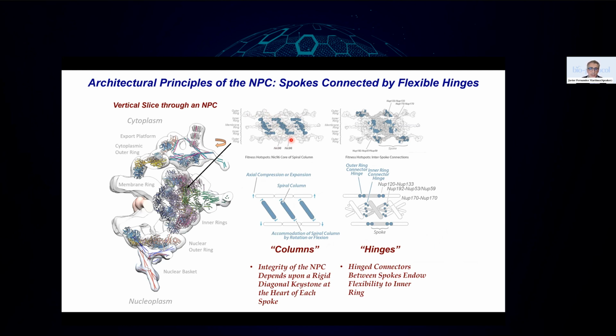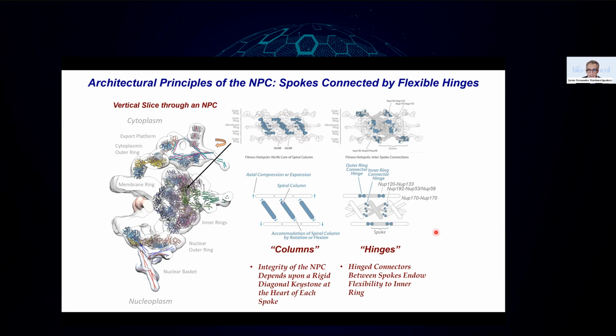These columns provide some rigidity to the spoke and also can potentially move to accommodate expansion and compression stresses. Each of the spokes, although they are relatively rigid due to these columns, when we look at how they connect to each other, they seem to be connected with what we call hinge connections.